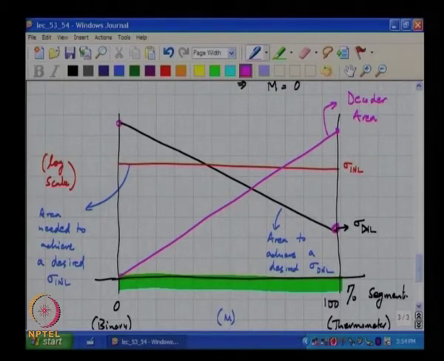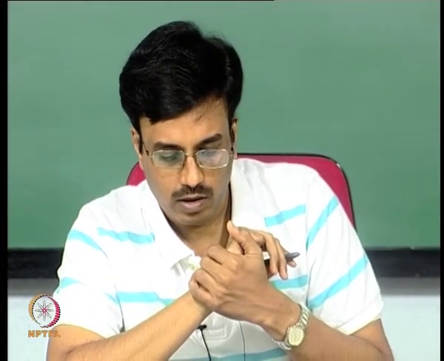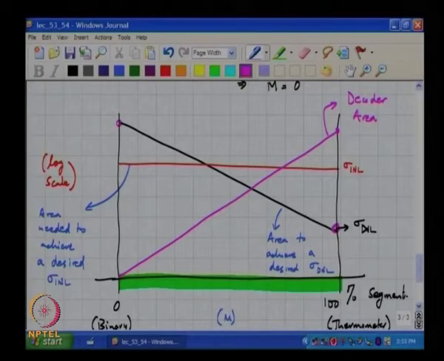M is the number of bits decoded binarily, so n minus m is the number of bits decoded in a thermometer fashion. The size of the digital logic is proportional to the number of bits decoded in the thermometer fashion, assuming that the binary portion is nothing, that part does not take an area.